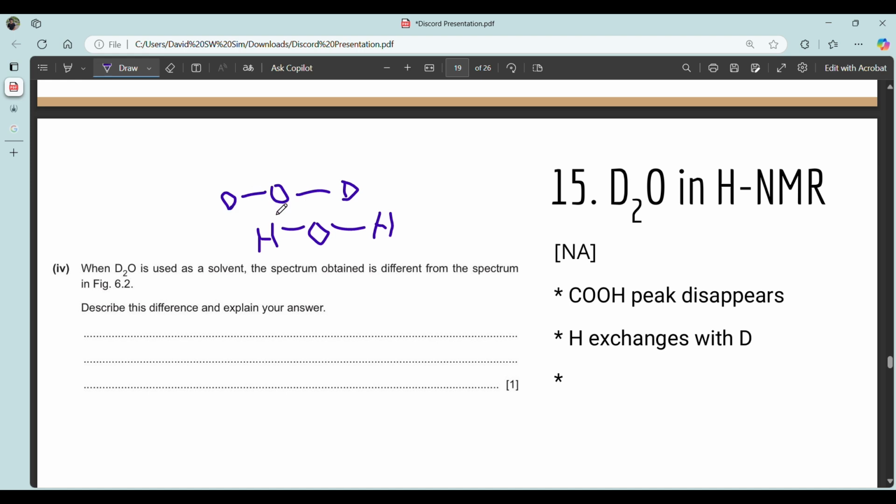So when you use D2O, what happens is that the hydrogen in all of the OH groups will be swapped with deuterium. You become this instead of this thing.